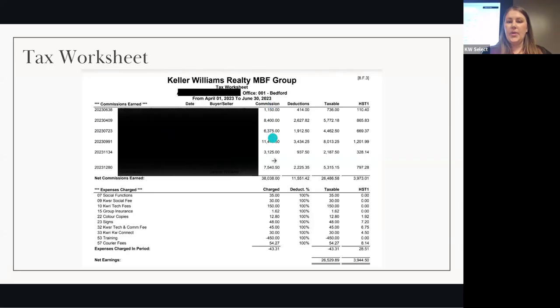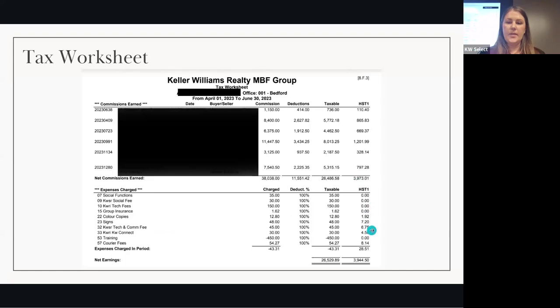So it tells you here your gross commission and then what was deducted off of each of these commissions, what was taxable, so what was left over that you earned HST on, and then how much HST you earned is in this column here. Then the bottom half of the page is your expenses that went through KW for the same quarter.